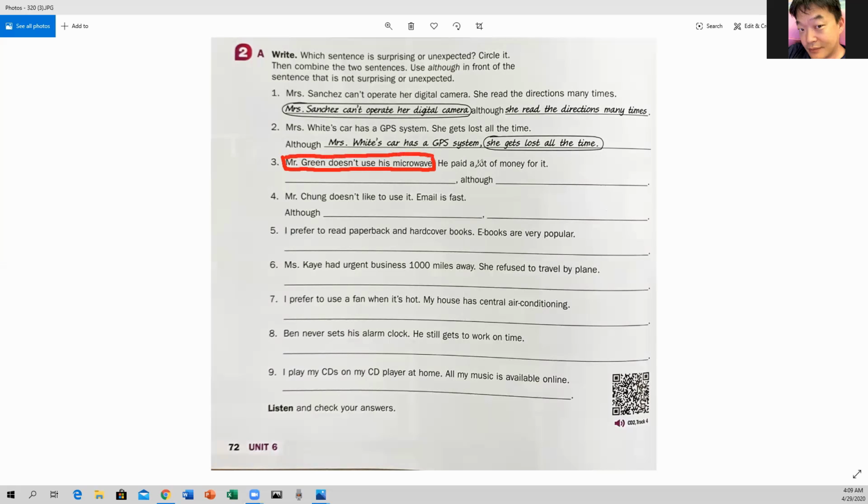And this is the fact, he paid a lot of money for it. So always the fact goes with although. Although he paid a lot of money for it, and the unexpected goes by itself.